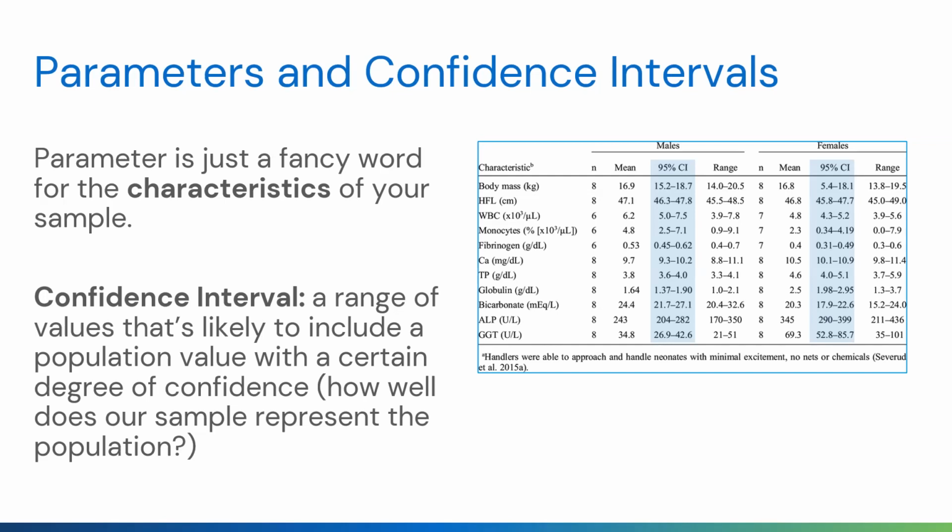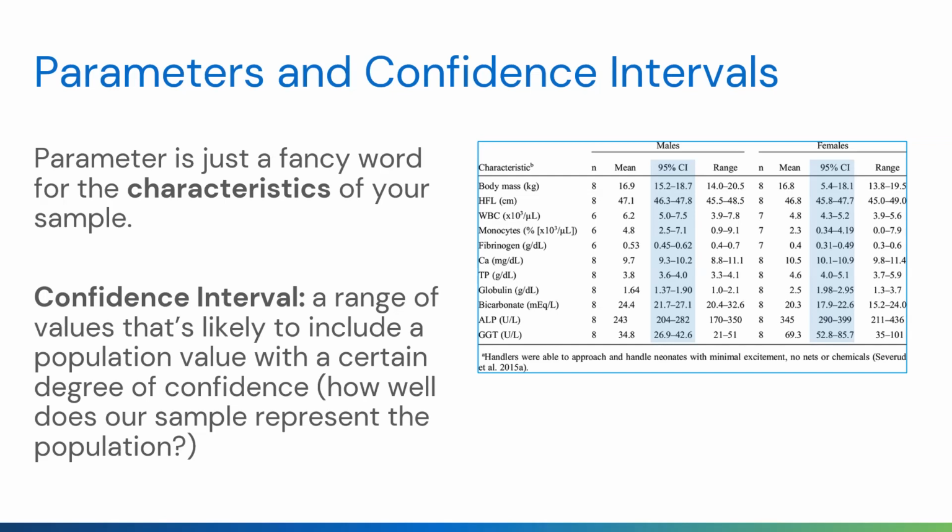But there's also a confidence interval being presented in this table as well. And this is just a range of values that is likely to include a population value with a certain degree of confidence. So that just means how well does our sample represent the population? And that's usually 95%. So does that value fit in with that 95% range? And so when you see that mean value next to those columns where you see the 95% calculated CI, does that mean fall within that range?